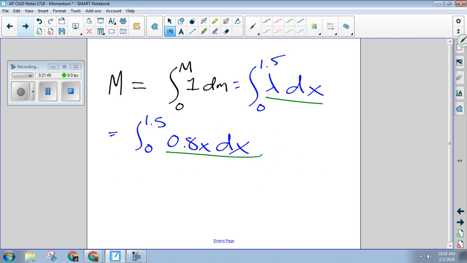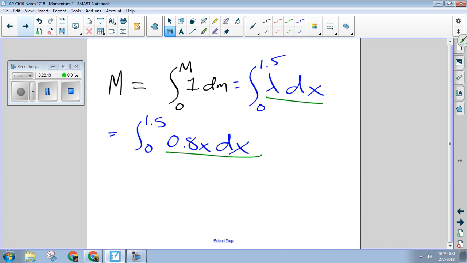If we then change our variables, we don't want to integrate across the mass, we want to integrate across x. What x do you have to get to before you get to the whole mass? Very good question.